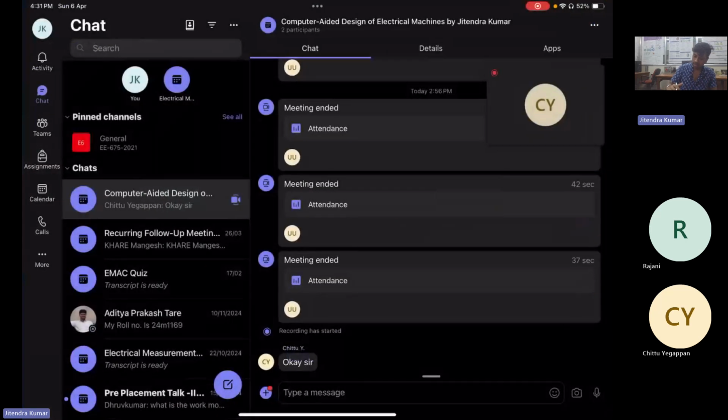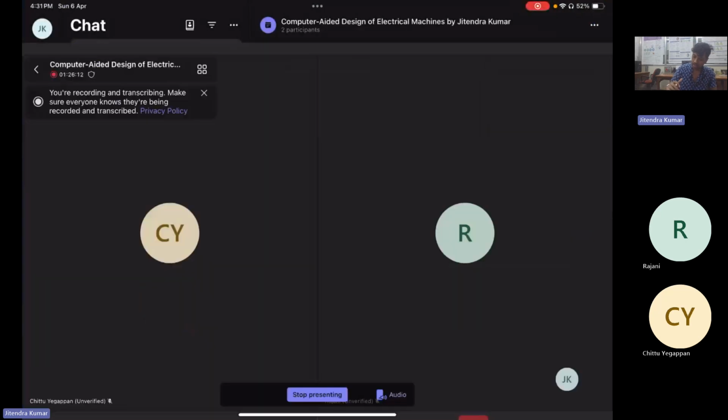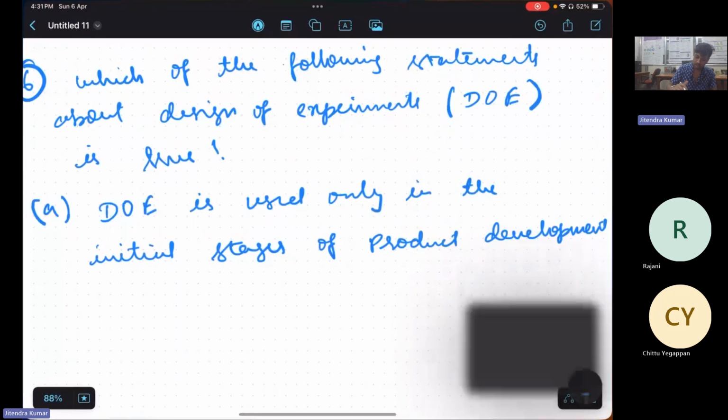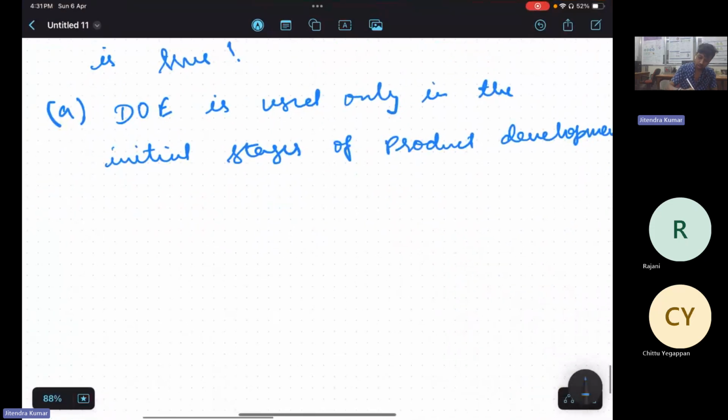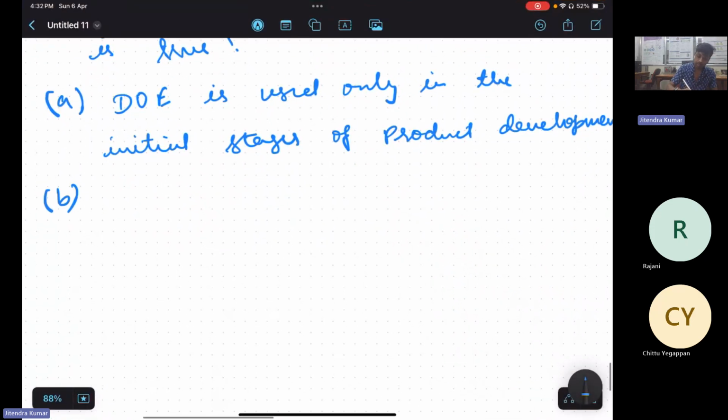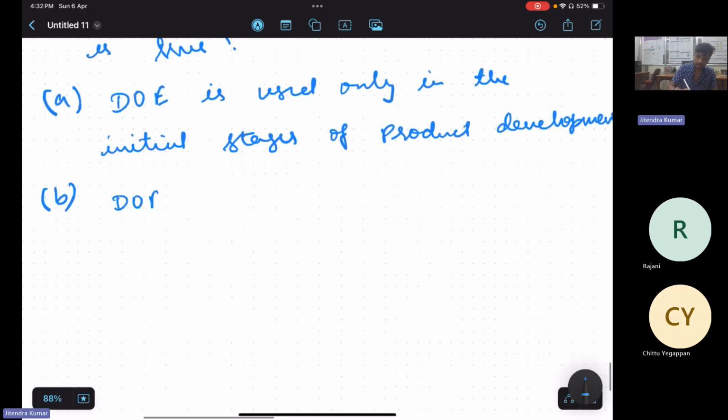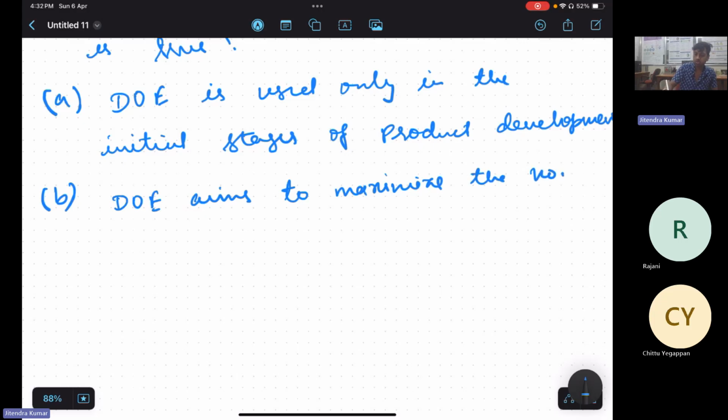Option B is DOE aims to maximize the number of experimental runs required.